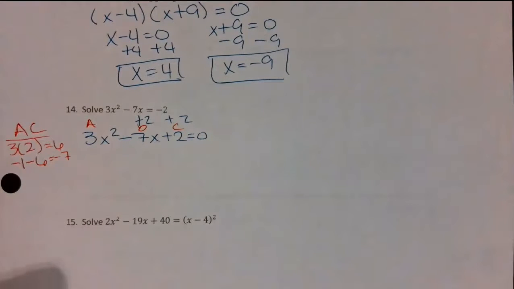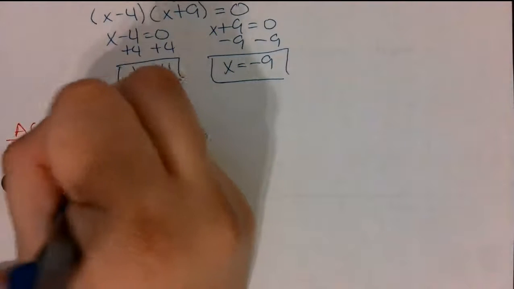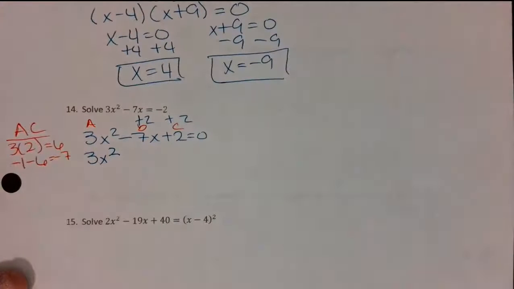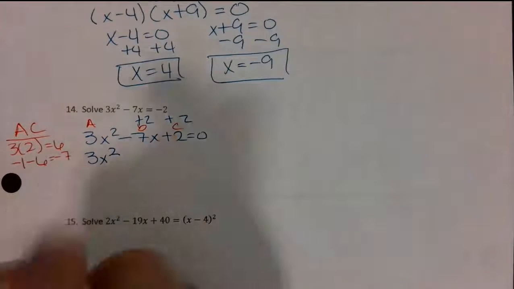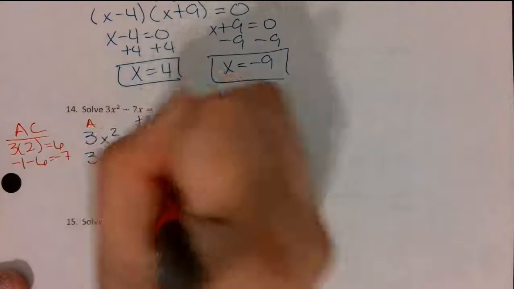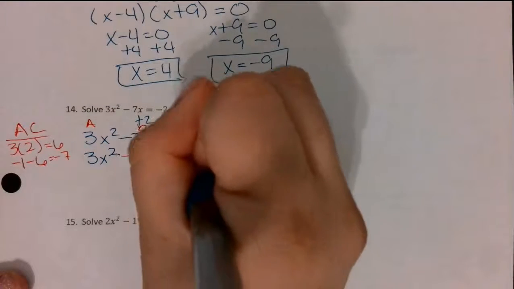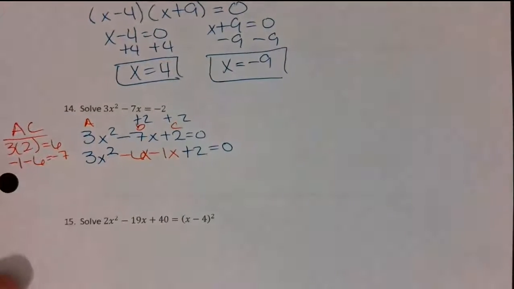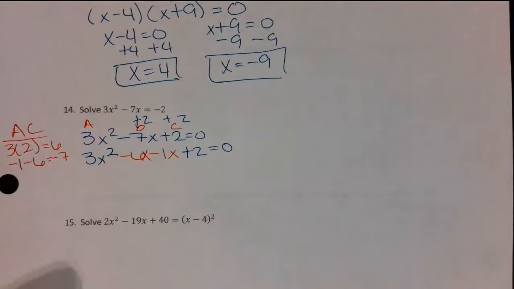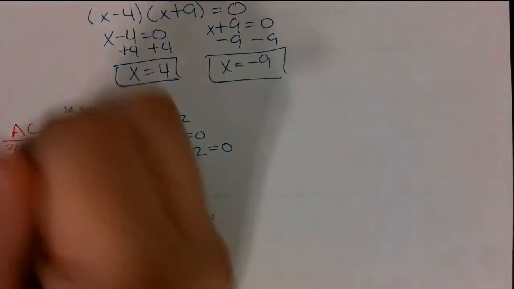So what I'm going to do is I'm going to split my middle piece up. So I'm going to have 3x squared, and instead of writing negative 7, I'm going to rewrite it as negative 6x minus 1x plus 2. Then from there, I'm going to take it and set it into two groups.